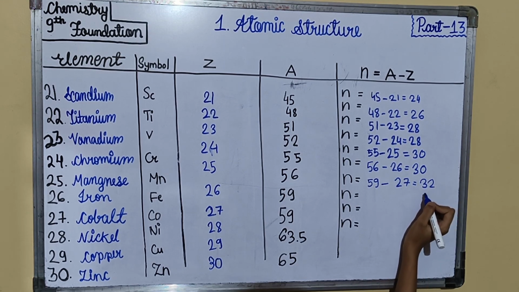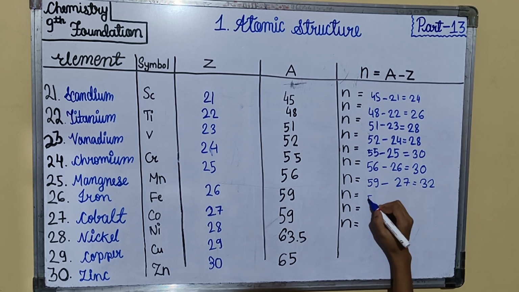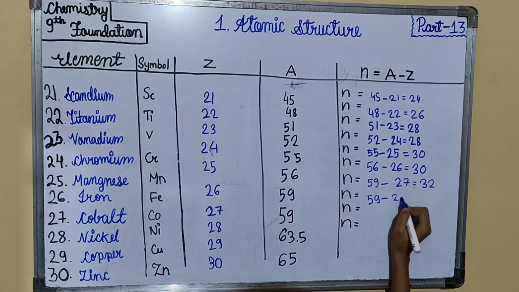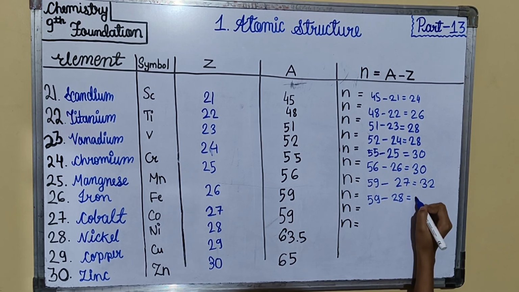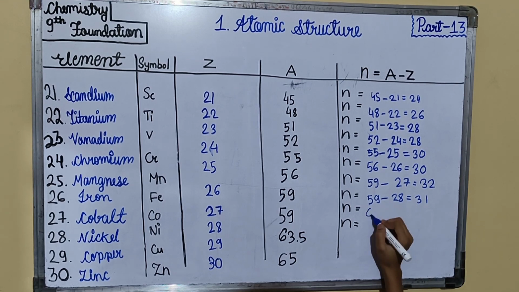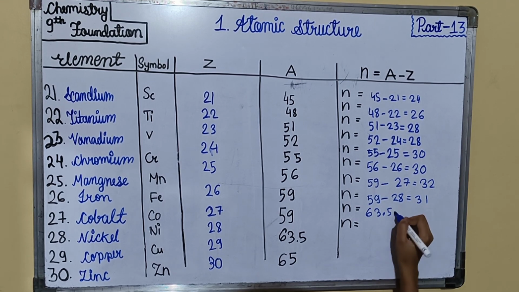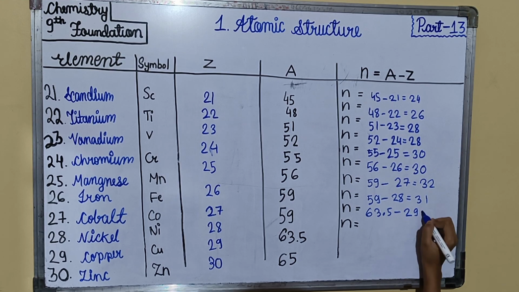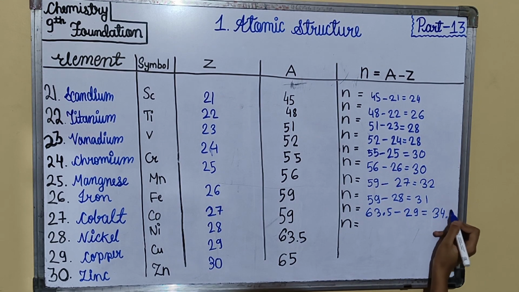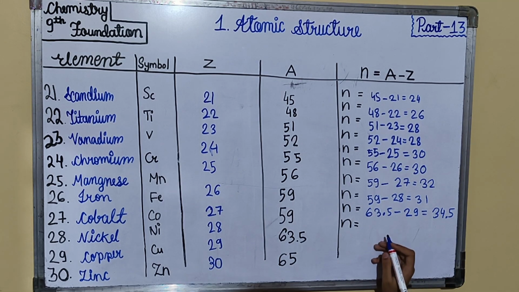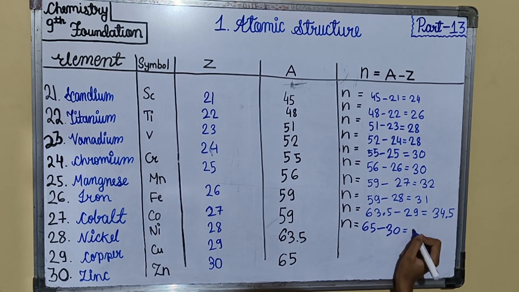Nickel is 59 minus 28, that is 31. Copper is 63.5 minus 29, that is 34.5. Zinc is 65 minus 30, and that is 35.